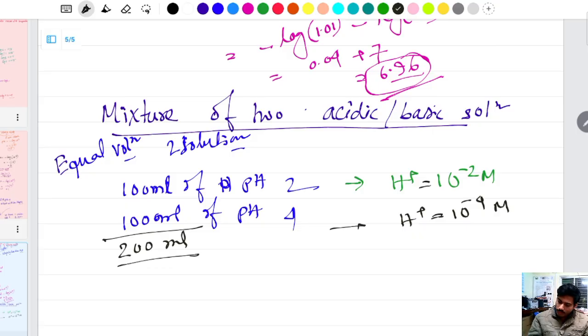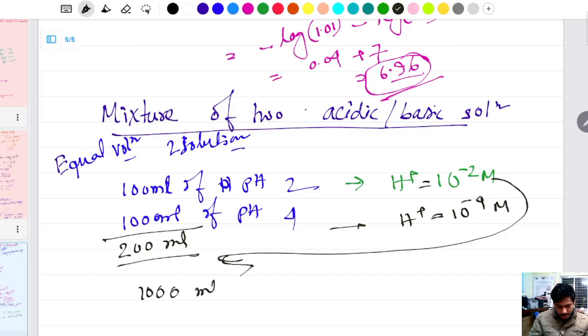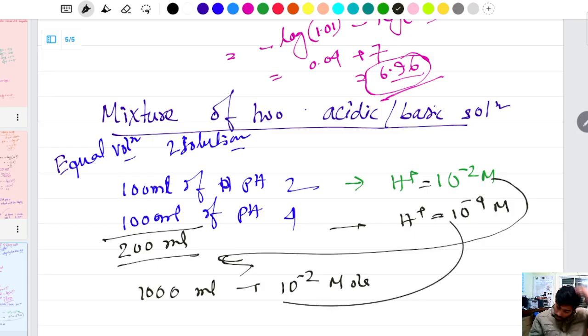In the first case, 1000 ml has 10 to the power minus 2 mole.